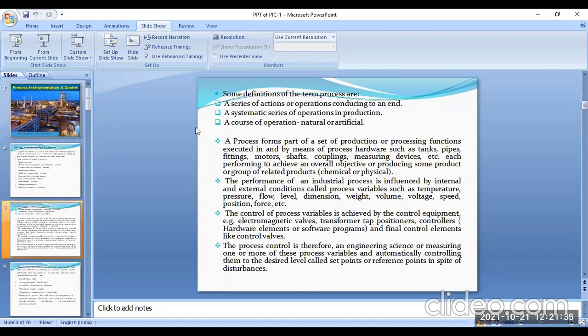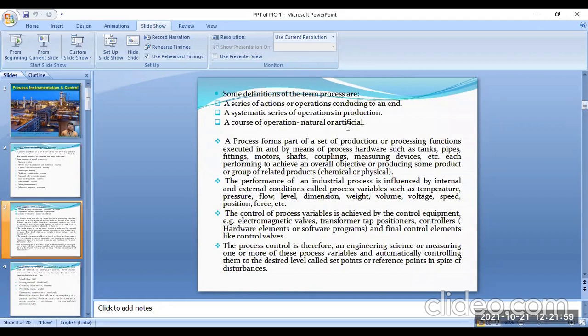Number 2, it is also denoted as an asymmetric series of operations in production units. Number 3, we also say it is a course of operation, natural or artificial. In our modern day we use different types of instruments, which are also automatic control.